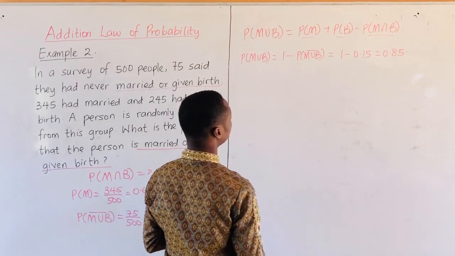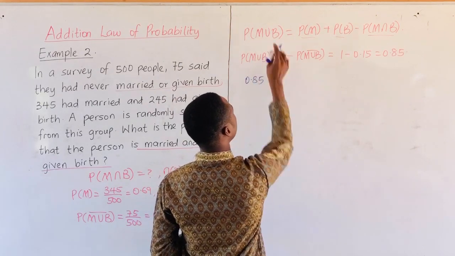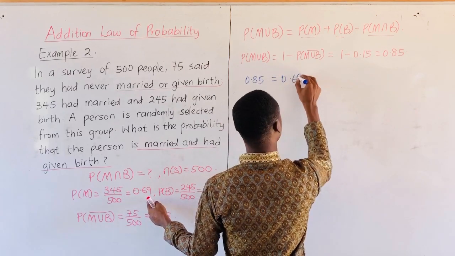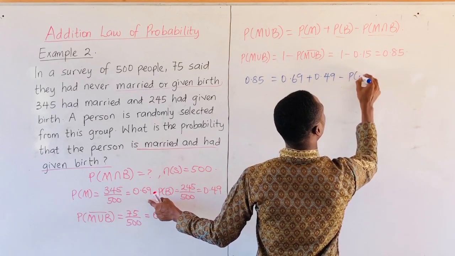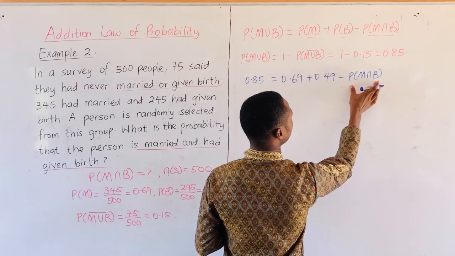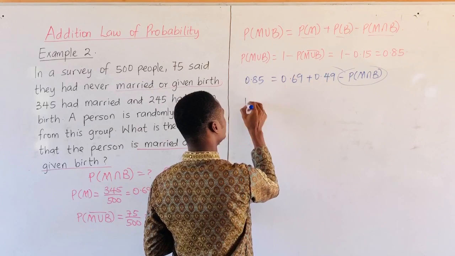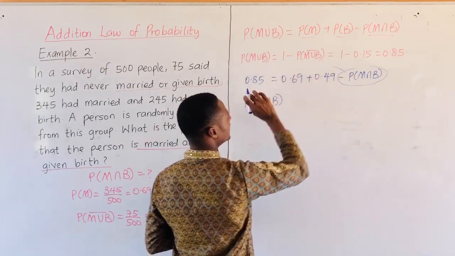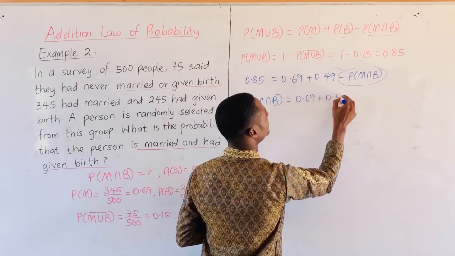Then we will have 0.85, which is this, is equal to married is 0.69 plus 0.49 minus the probability of M intersection B. We want to find this one, so let's move this to the left hand side, and that will give us probability of M intersection B becomes positive 0.69 plus 0.49.